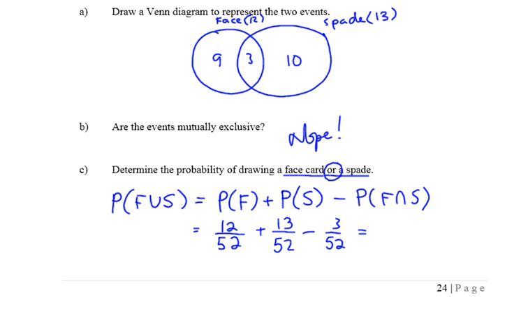That's going to give us a total of 22 out of 52, which if we add up the pieces should add to 22 as well. Does that reduce? 11 over 26.